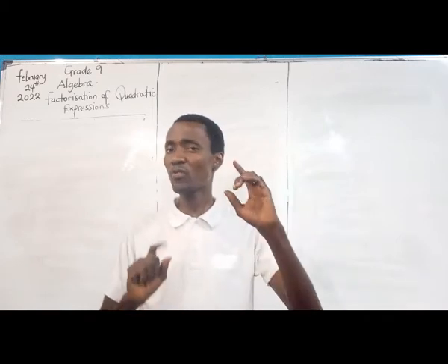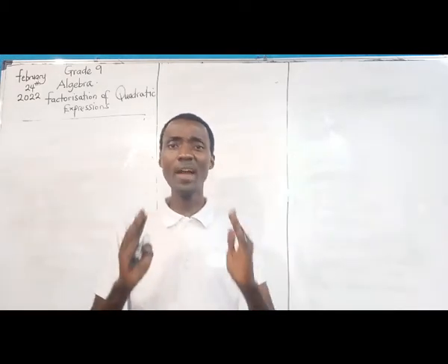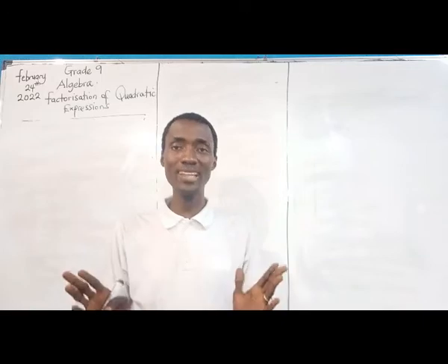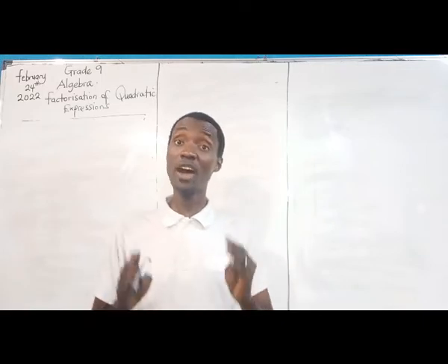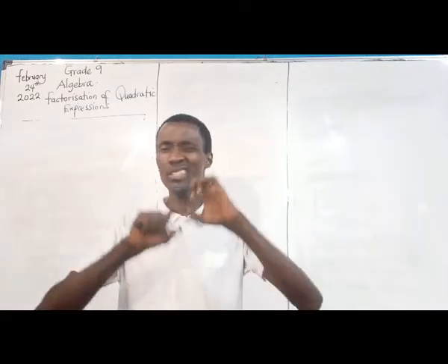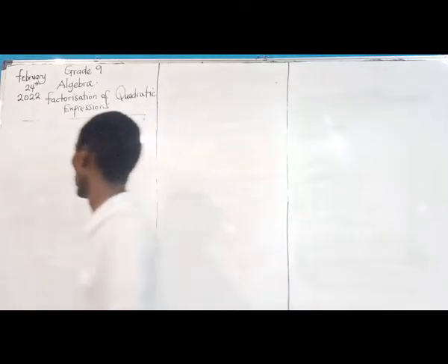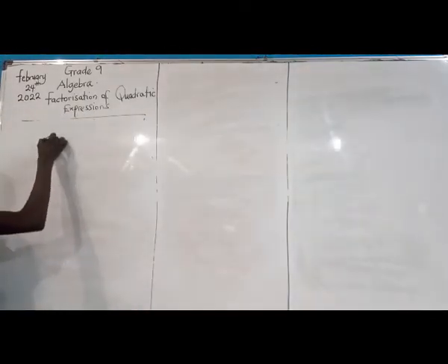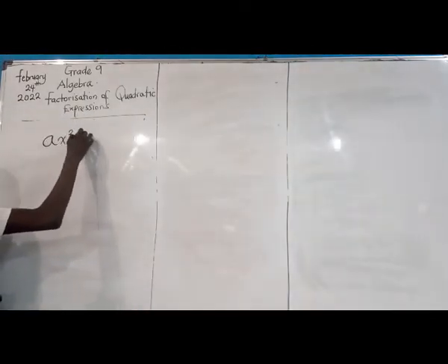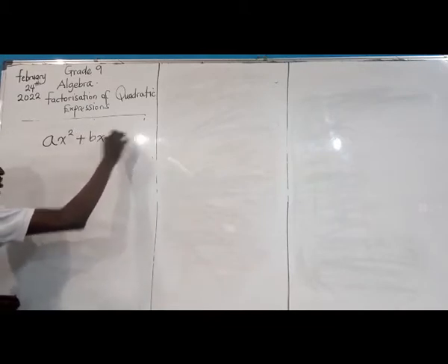Now, we said in one of our classes that the general expression for a quadratic is given as ax squared plus bx plus c.